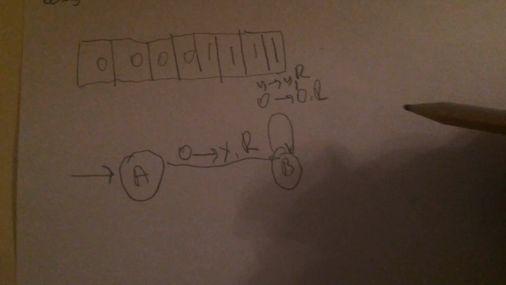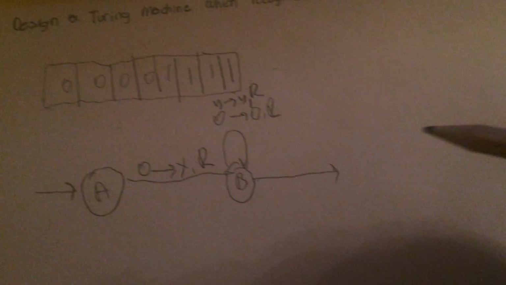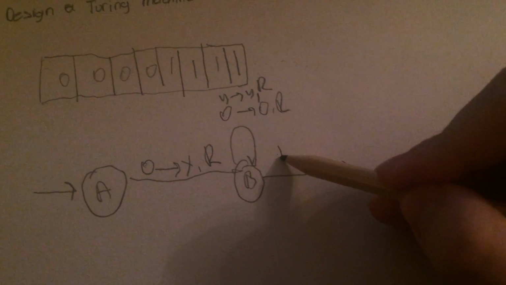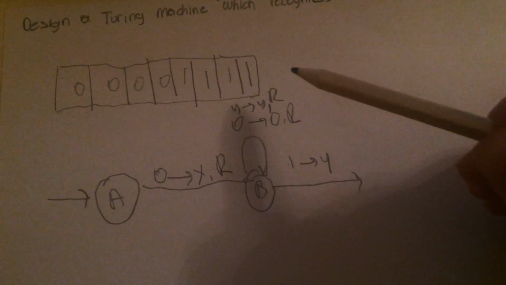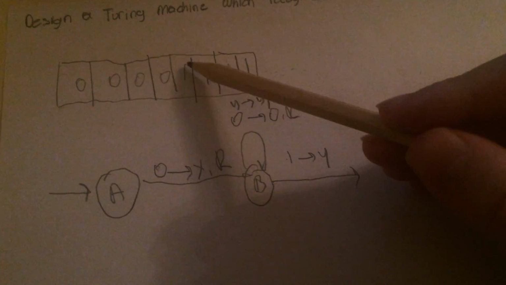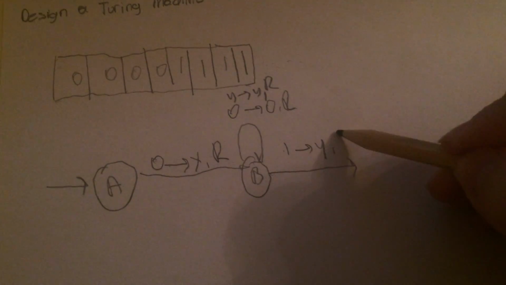After that, if you see a 1, because in the end it should see a 1, change it to y, and start to go left.